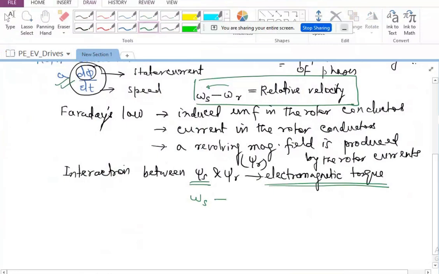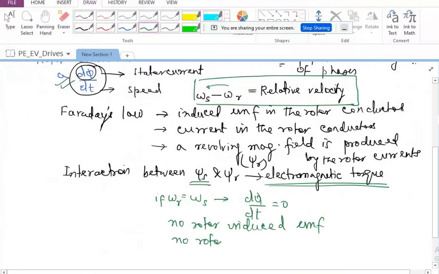If the rotor achieves the speed of ωs, then dφ/dt will be 0. If that happens, then no rotor induced EMF, no rotor current, no torque.